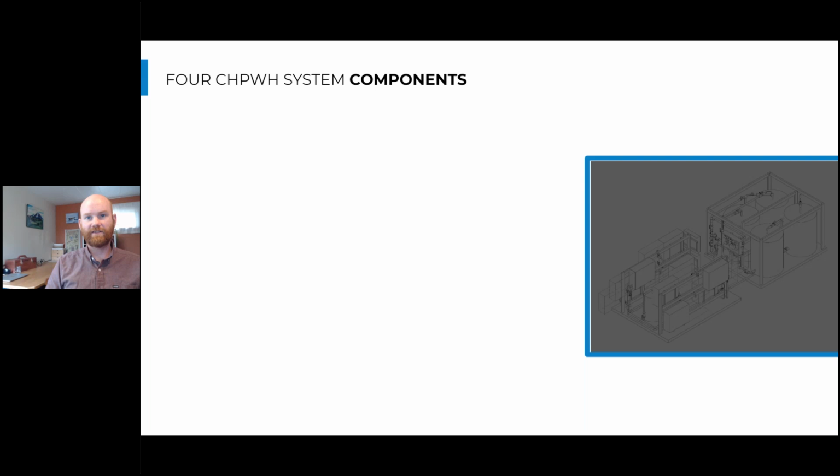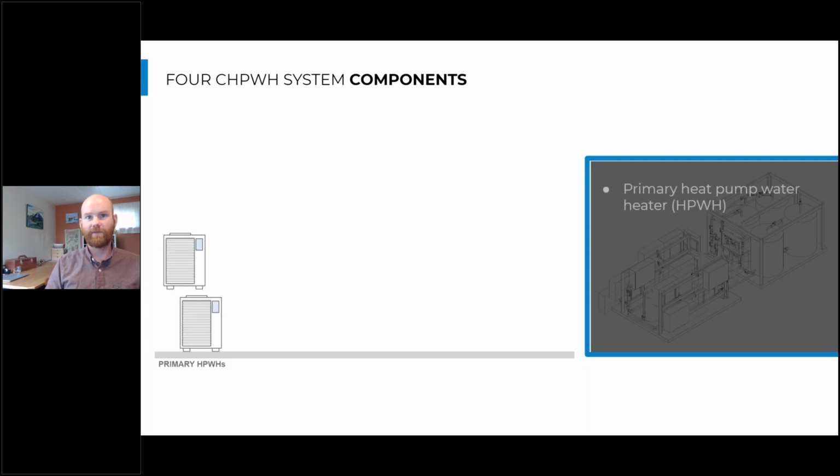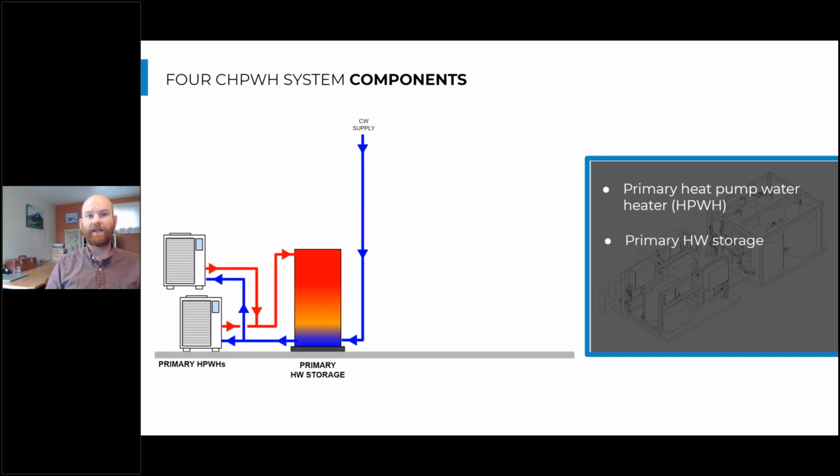And then we also discussed the 4 components of a commercial heat pump water heating system. We have our primary heat pump water heater, which is our primary engine. This is really what's driving the system. It's taking in cool water and heating it for domestic use.